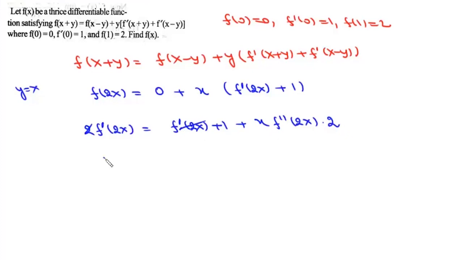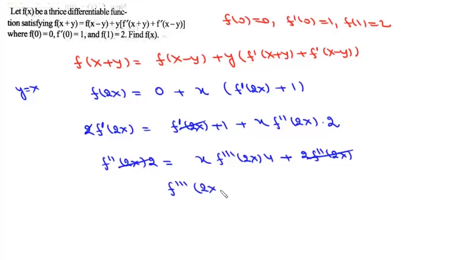Now again we'll differentiate, so we'll get f''(2x) into 2, and it will be equal to x into f'''(2x) into 4 plus 2 into f''(2x). Now 2 into f''(2x) will cancel. So from here we'll get f'''(2x) equals 0, or simply f'''(x) equals 0.